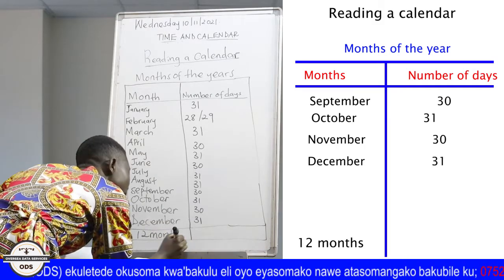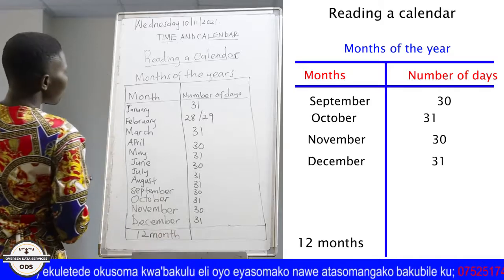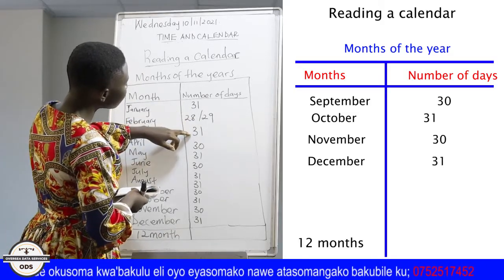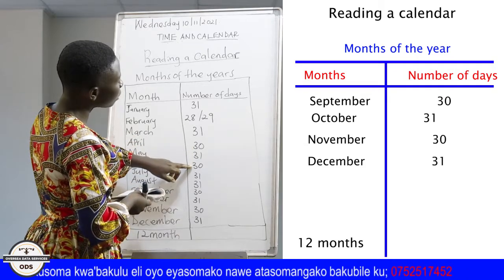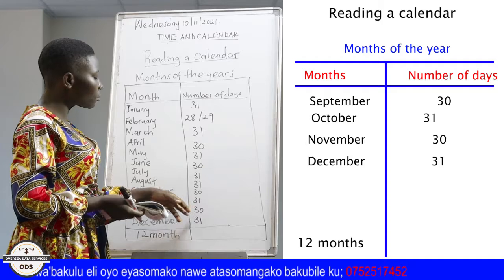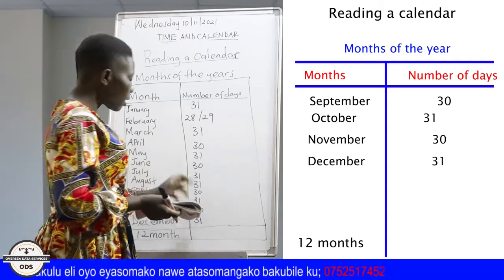What about when we are adding days now? We have 31 plus 28 plus 31 plus 30 plus 31 plus 30 plus 31 plus 31 plus 30 plus 31 plus 30 plus 31.